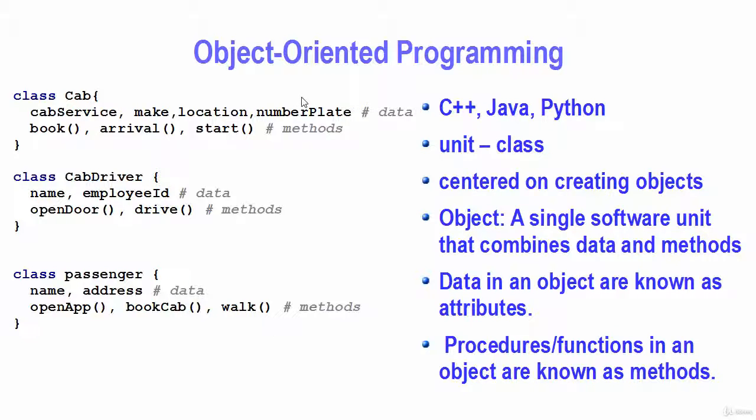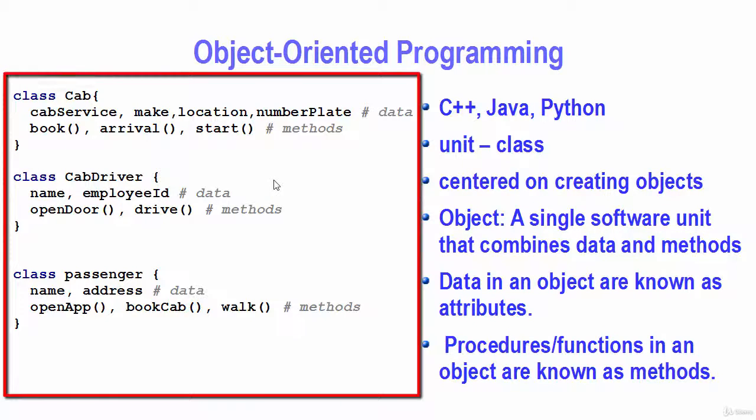If we take the same example of a passenger who wants to travel from one place to another using a cab service, using object-oriented thinking, which depends upon the creation of objects, we can create different kinds of objects. For example, we can create a class called cab, a class for cab driver, and a third class for passenger.